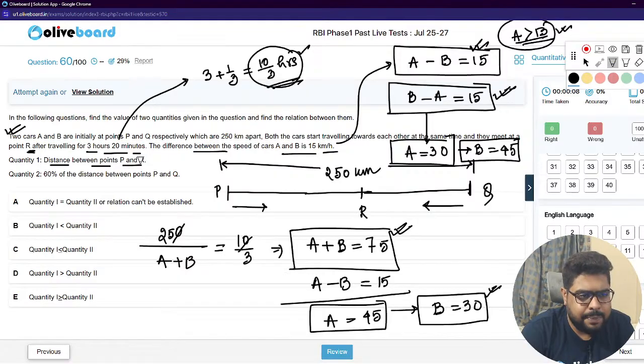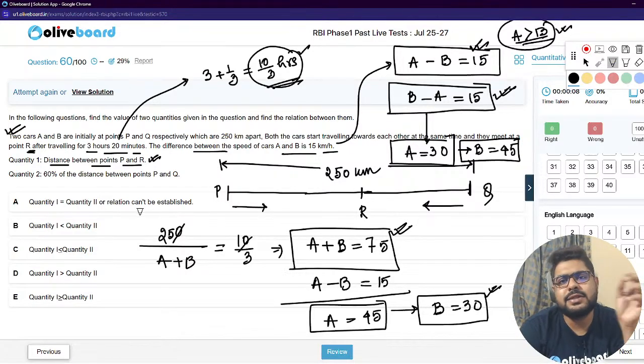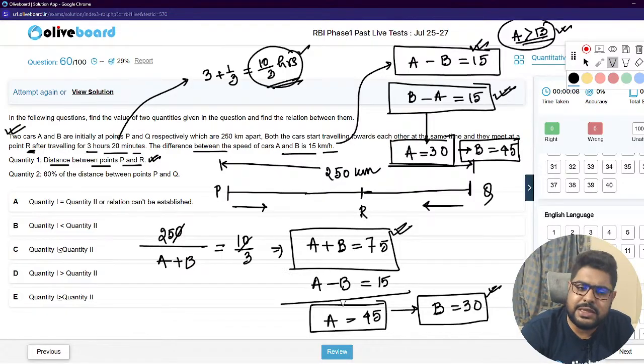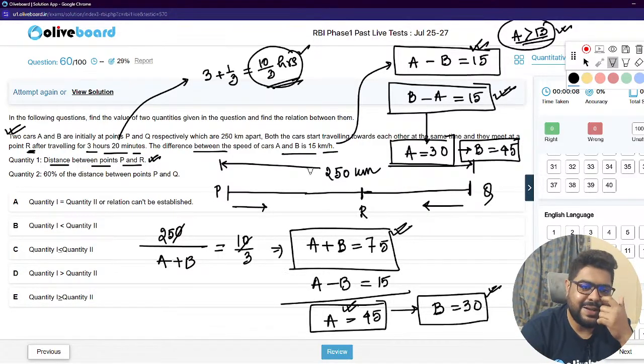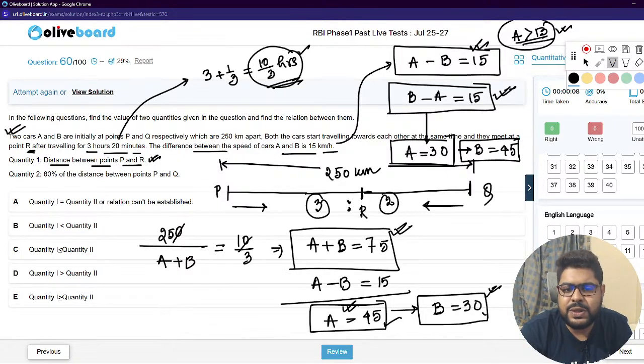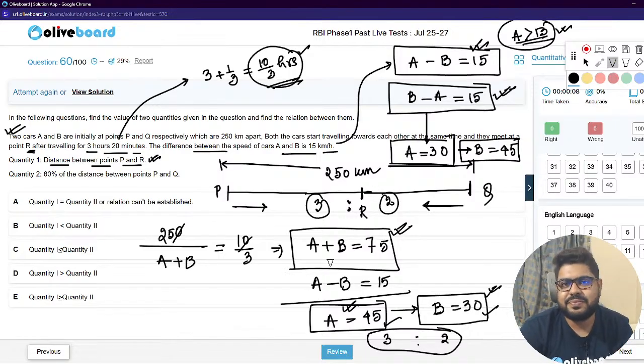So depending on that, the P and R distance will change. Whatever happens, if R is the meeting point, time is constant. So the speed ratio becomes the distance ratio. The speed ratio is 45 to 30, like 15 threes and 15 twos, so the speed ratio becomes the distance ratio.